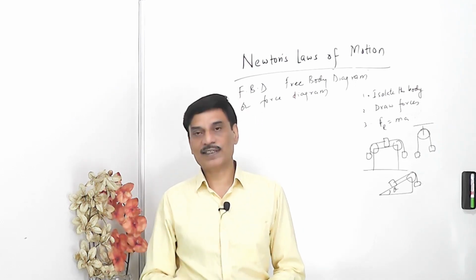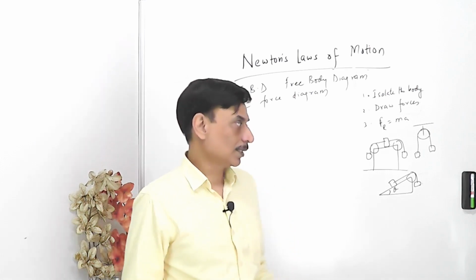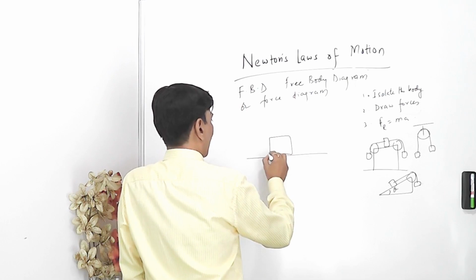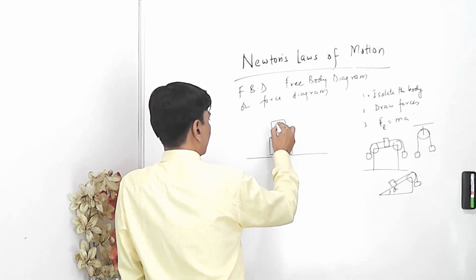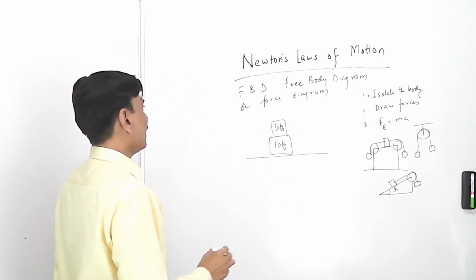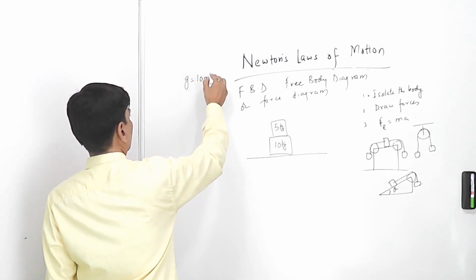Let's take a few examples to understand how a free body diagram can be applied. Suppose we have 2 blocks. This block has a mass of 10 kg, and this block has a mass of 5 kg. For ease of calculation, we shall be taking g as 10 meter per second square.